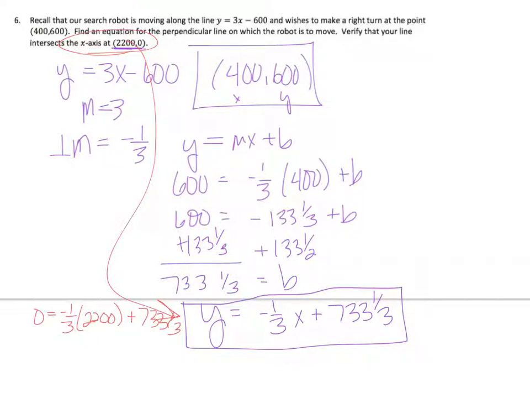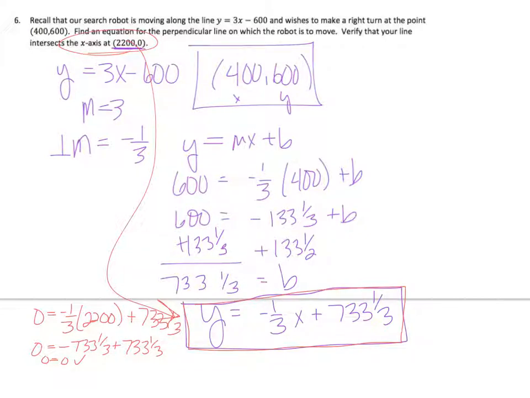What is 1/3 of 2,200? I'm doing a little typing in my calculator. Ooh, this is negative 733 1/3 plus 733 1/3. So 0 equals 0, so yes. I did verify it by showing my work, and this line does intersect the x-axis at that ordered pair.